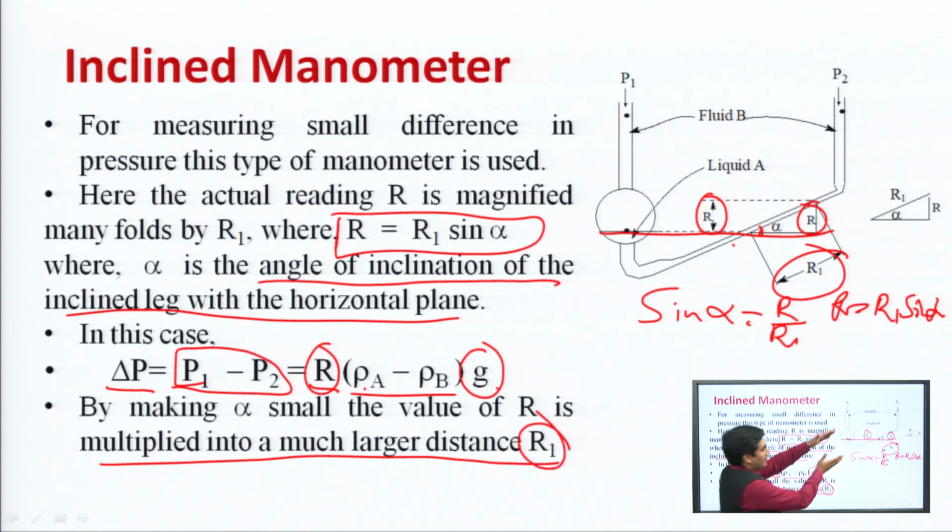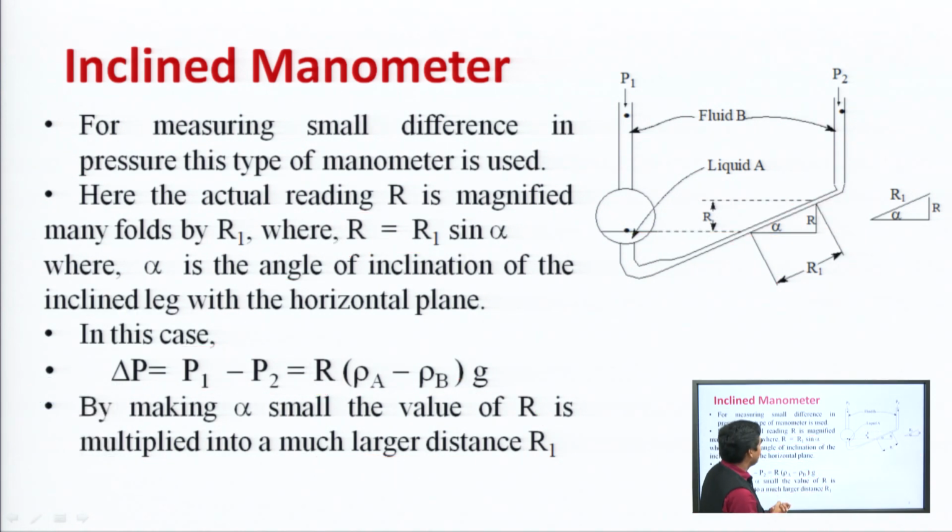That means if you change the inclination slightly downwards, then alpha will be much smaller, so R will also be small, but the distance R 1 will be much higher than R.